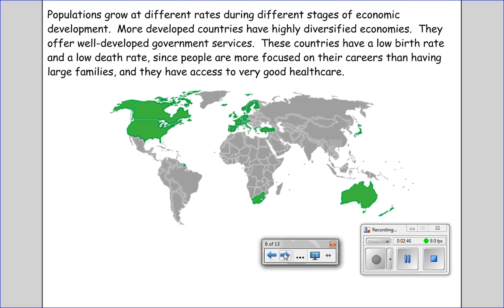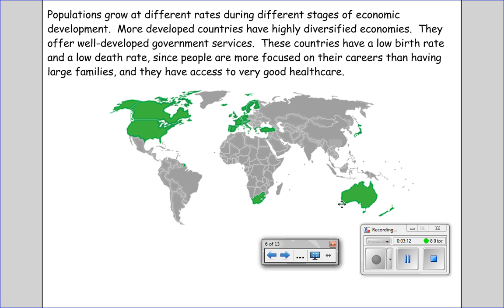Populations grow at different rates during different stages of economic development. More developed countries have highly diversified economies. They offer well-developed government services. These countries have a low birth rate and a low death rate since people are more focused on their careers than having large families, and they have access to very good health care.